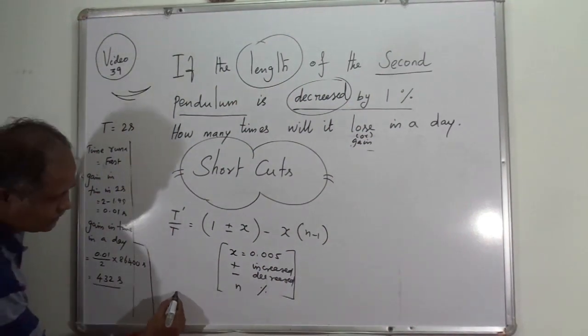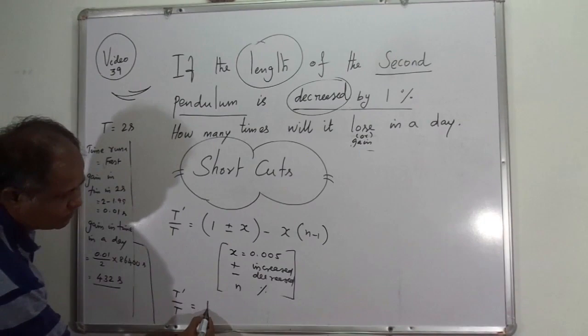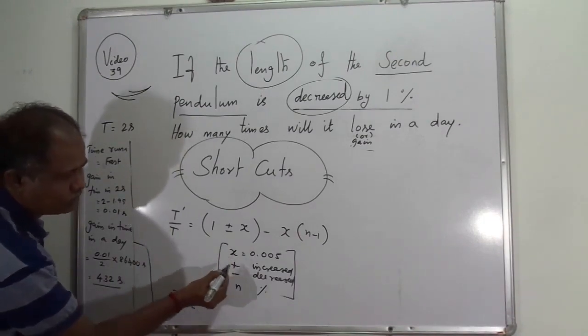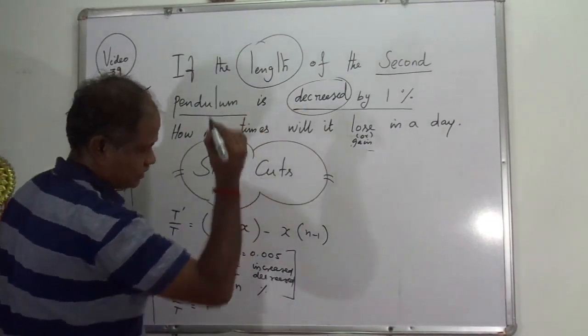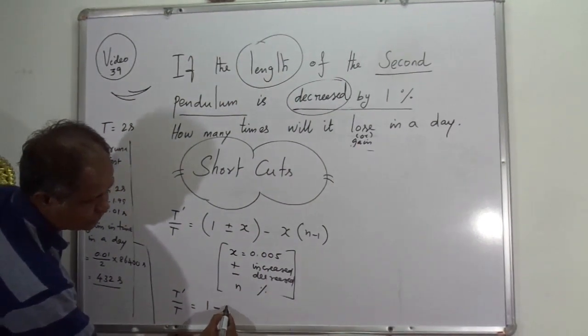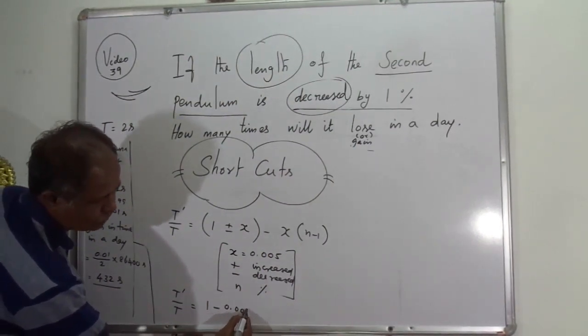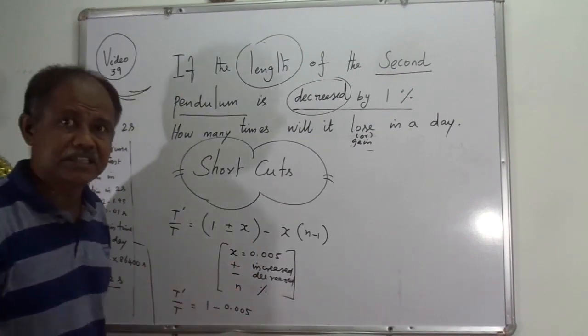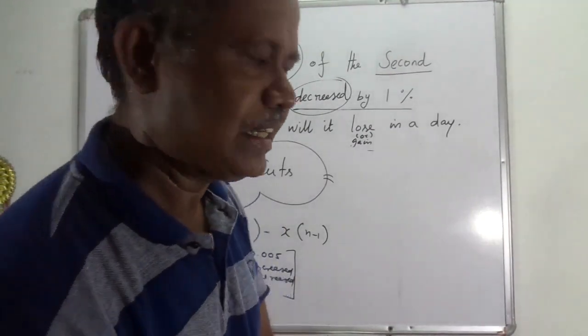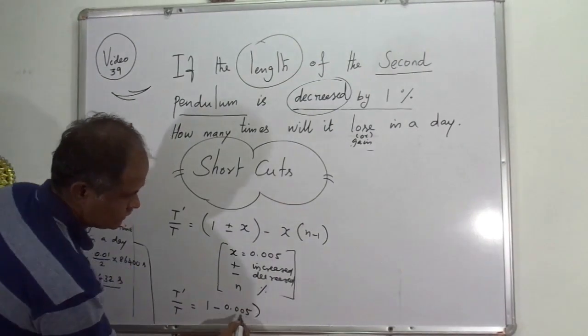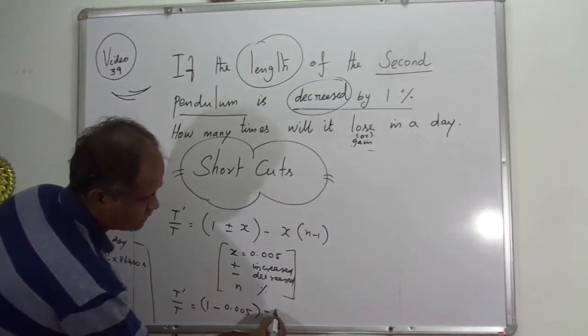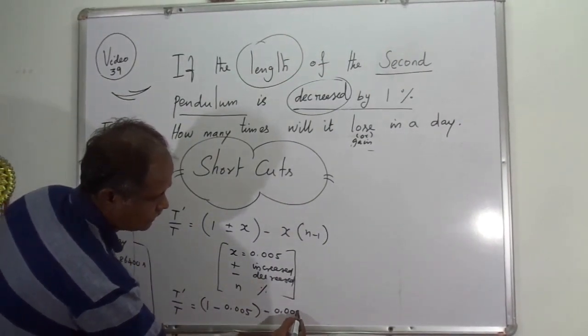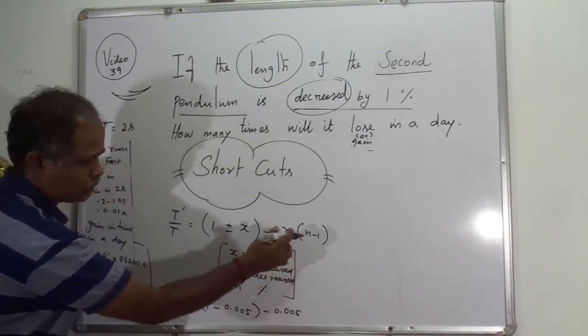Then T dash divided by T is equal to what? 1 plus or minus? Minus. Why? Because this is decreased. Minus 0.005, a constant value whatever the situation, whether decreased or increased, into minus 0.005 again. What is n?